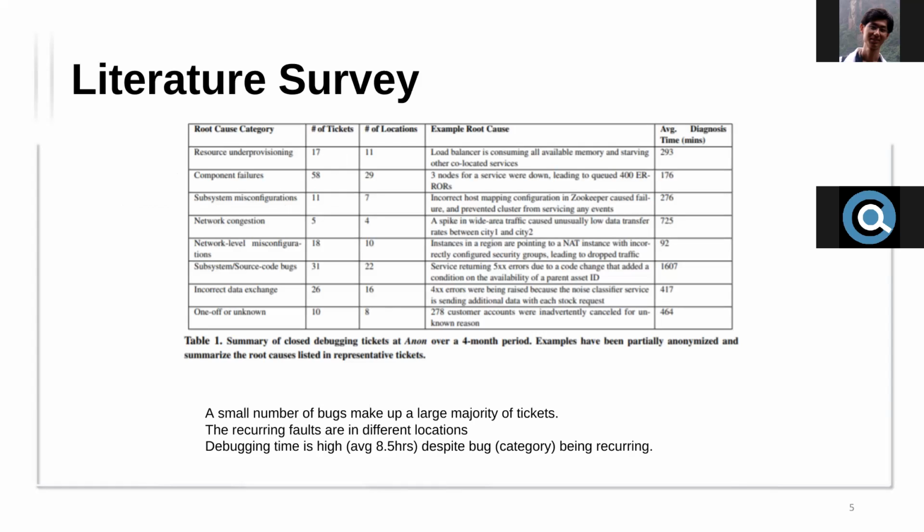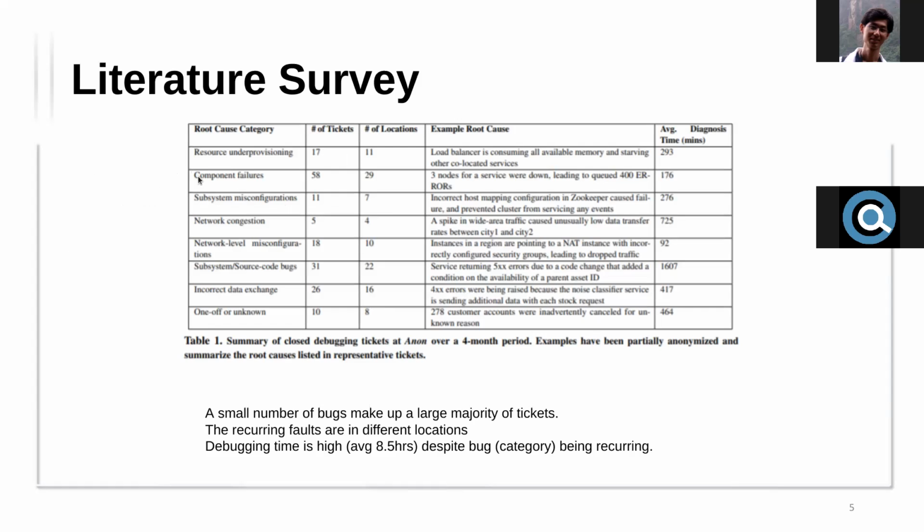Okay, so this is basically the taxonomy of the kinds of bugs that a developer might face in a distributed system. And we can see here that they categorize them into these few root causes. A small number of the bugs make up a large majority of the tickets.